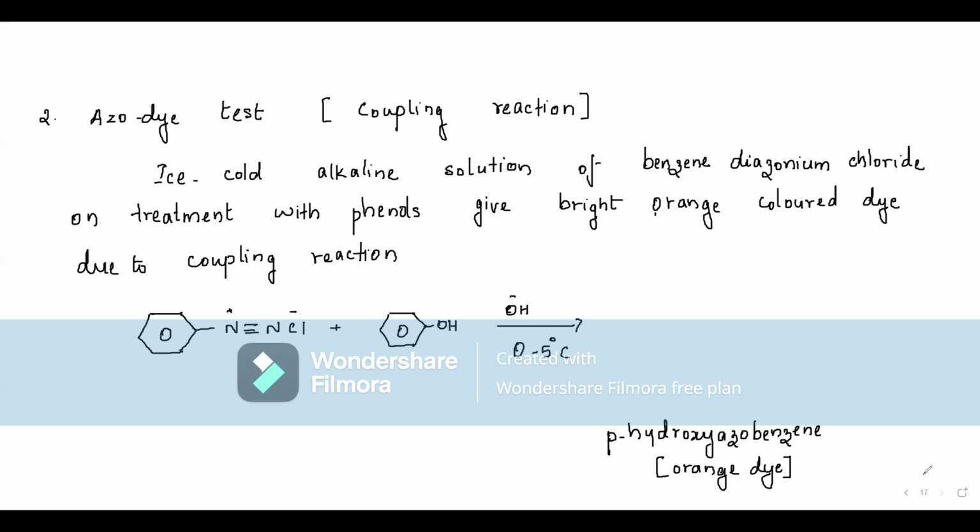Another test for phenol is the azo dye test. This goes under coupling reactions.